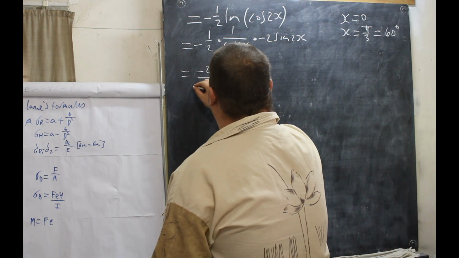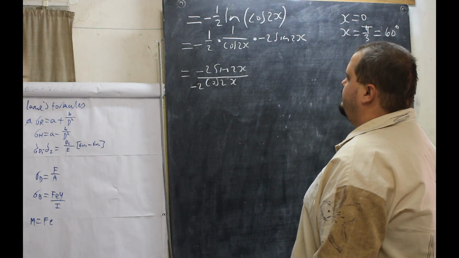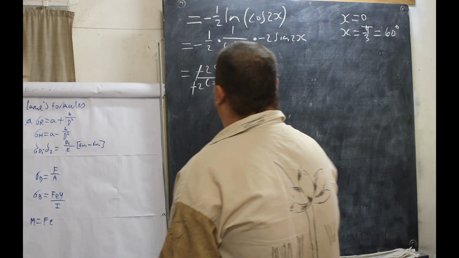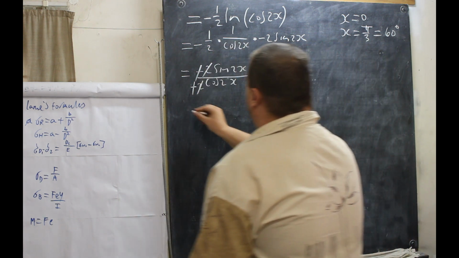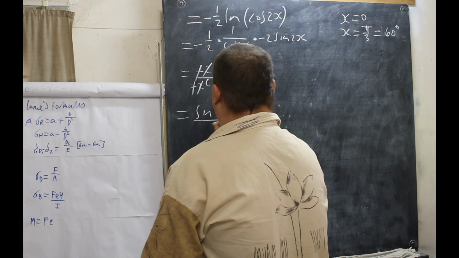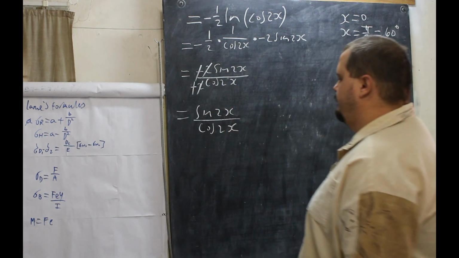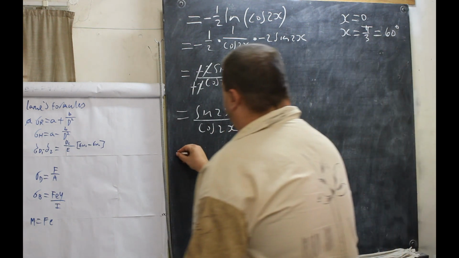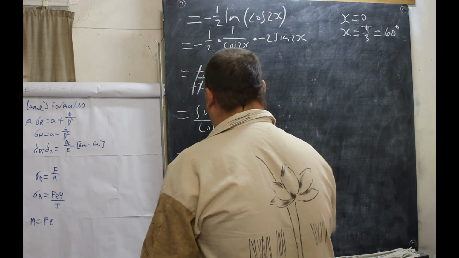It is minus over minus, so minus over minus cancels, becomes a positive, and 2 over 2 cancels. So what we are left with is sine 2x over cos 2x. This equals tan 2x.